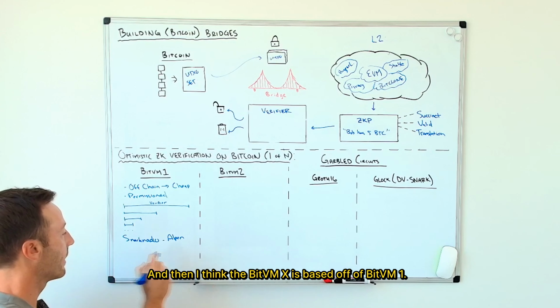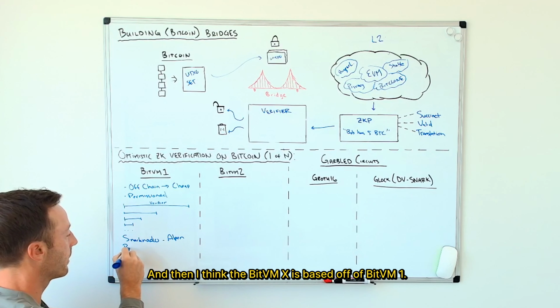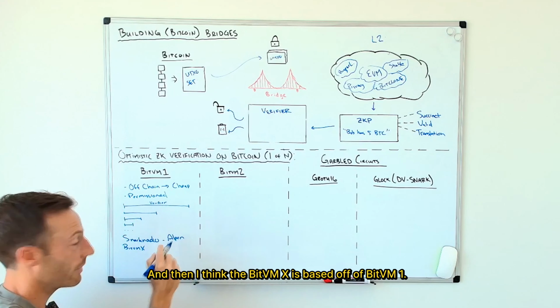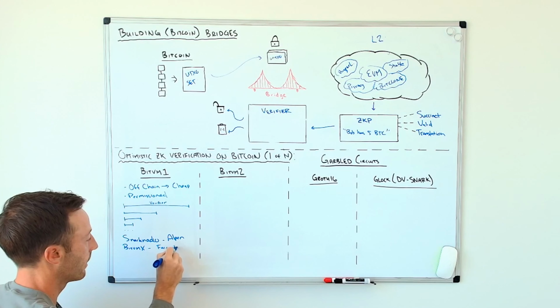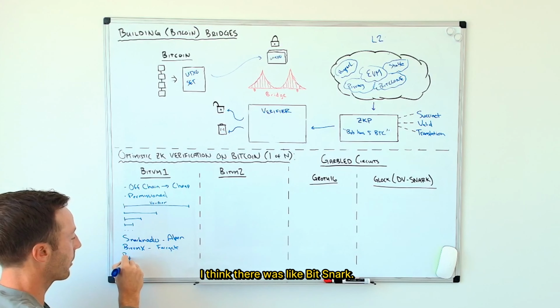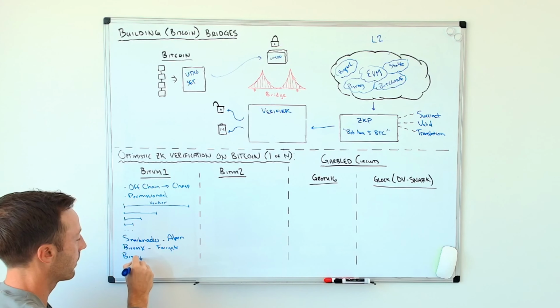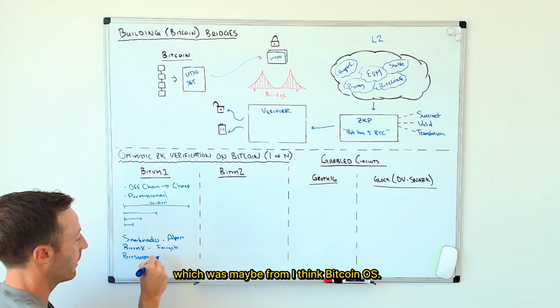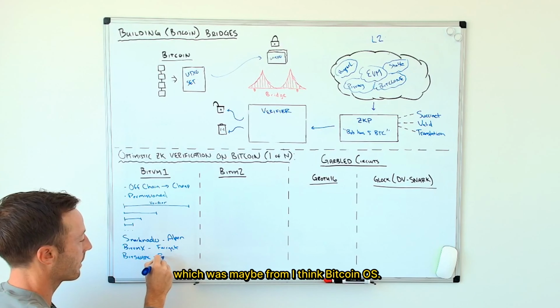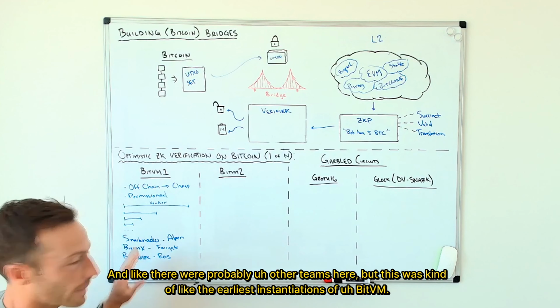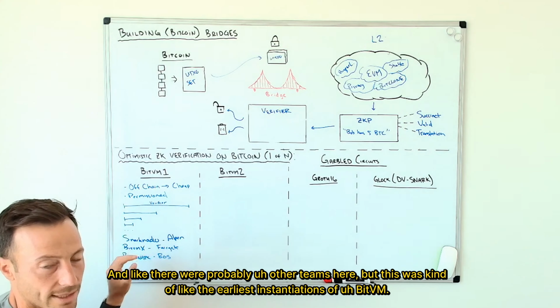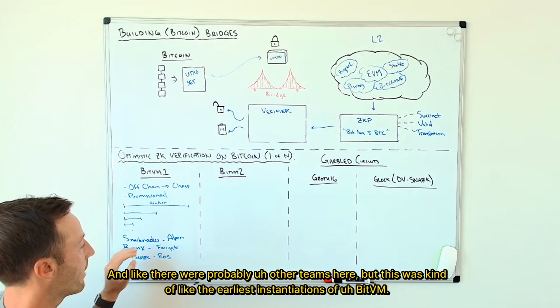And then I think the BitVM X is based off of BitVM 1, and this was from Fairgate. I think there was BitSnark, which was maybe from Bitcoin OS. And there were probably other teams here, but these were kind of the earliest instantiations of BitVM.